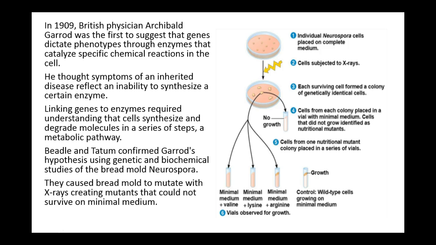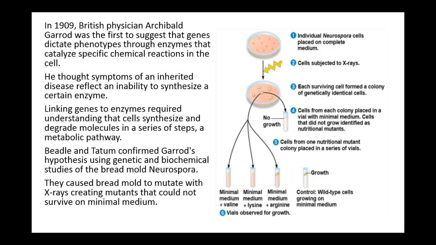So he hypothesized that it was a recessive gene or a recessive trait that was leading these people to the point where they didn't make some particular chemical in the metabolic pathway that was leaving their urine quite dark, kind of blackish. And so he came up with this hypothesis of one gene, one enzyme.